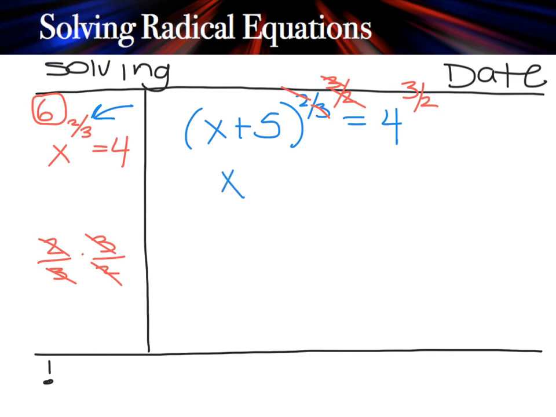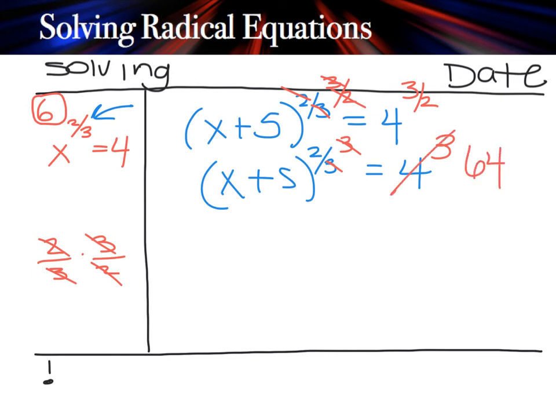So here we go. X plus 5 to the 2/3. Let's cube it first, because we know that cube is going to get rid of that 3 because they cancel out. So we're going to cube everything first, which is going to make this 64. So far we have gotten rid of the 3.